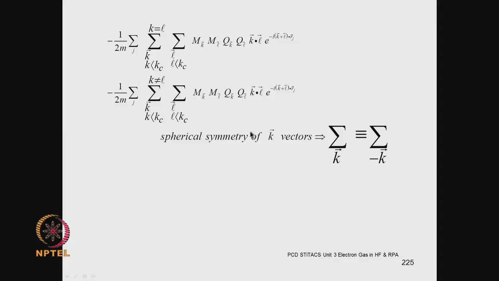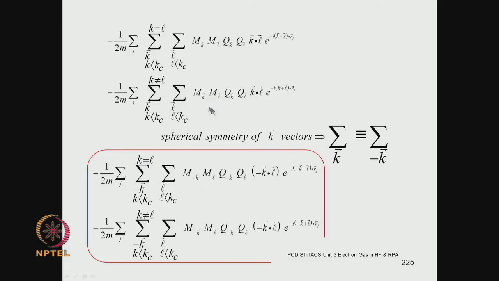Now, what happens with these terms? You also have this spherical symmetry. So, the summation over the vector k and the summation over minus k give you the same result. We take advantage of that and write this term as a summation over minus k. This was a sum over plus k, instead of plus k we have a minus k.